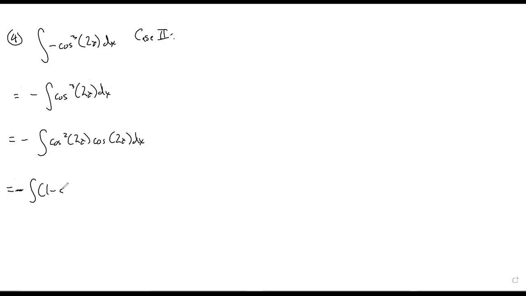negative 1 minus sine squared 2x times the derivative of sine of 2x, and we have that times 1/2.